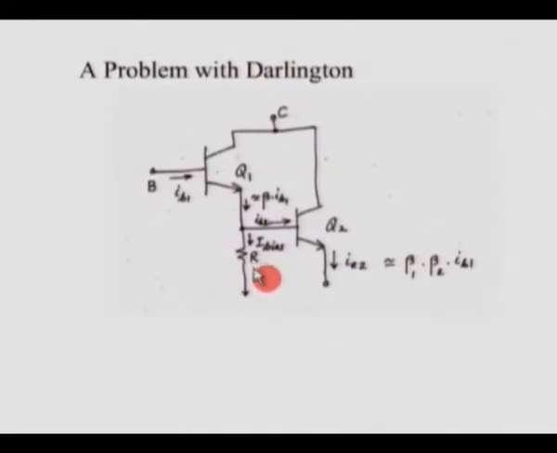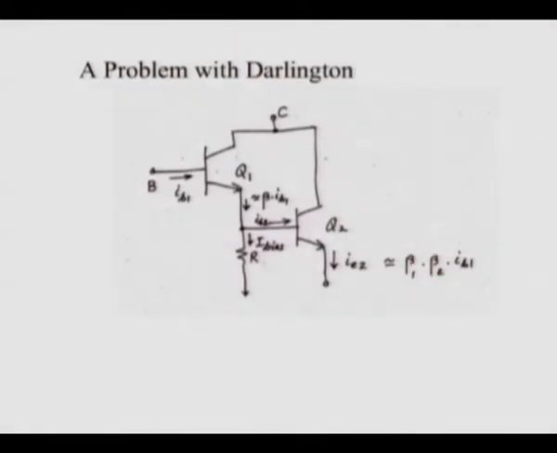This resistance is chosen such that you have a certain amount of base current, certain amount of emitter current here. The current flowing through this particular resistor is chosen such that the beta of the first transistor does not fall drastically, so that we can still continue with the assumption we had that the total overall beta would be beta 1 times beta 2.